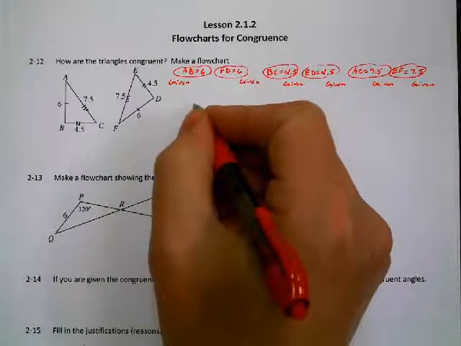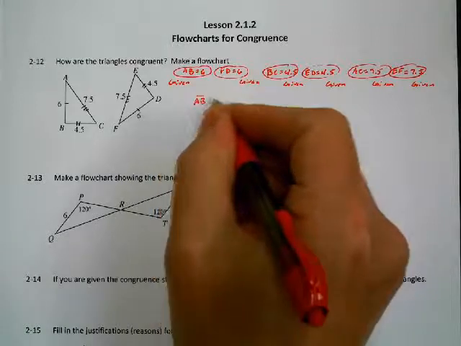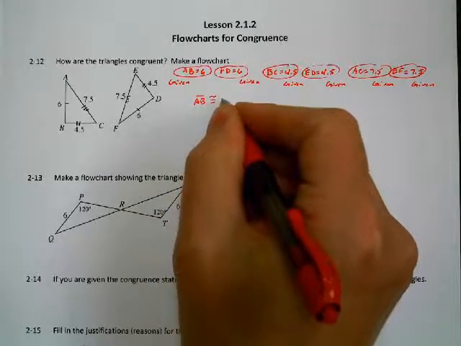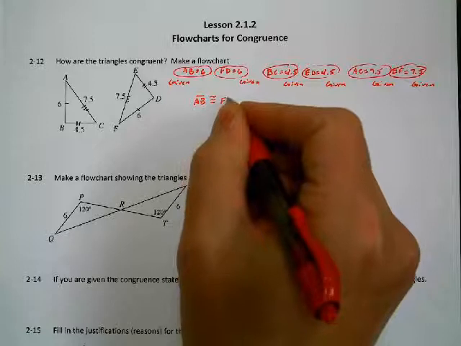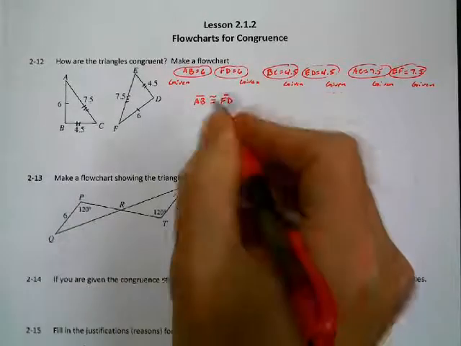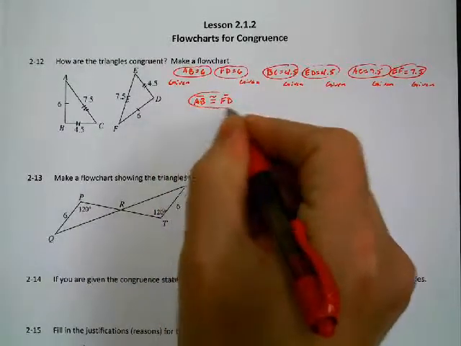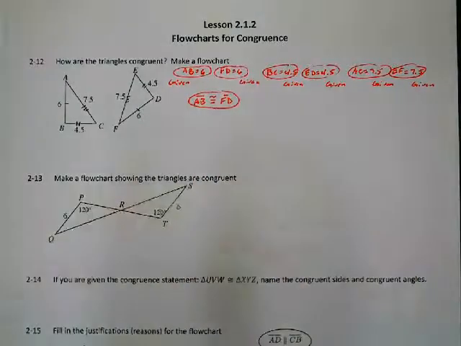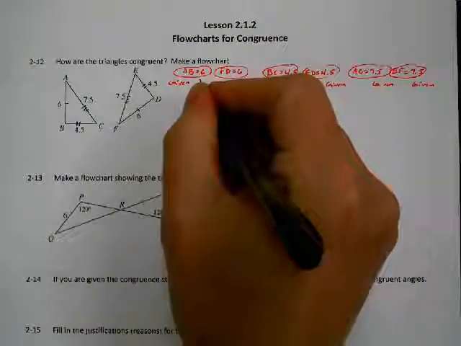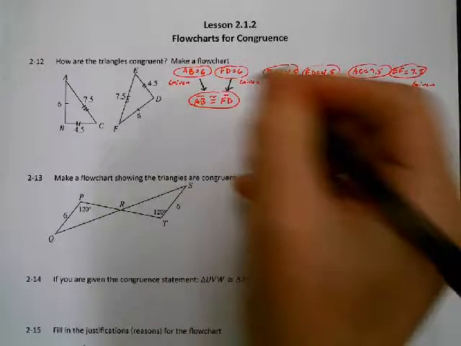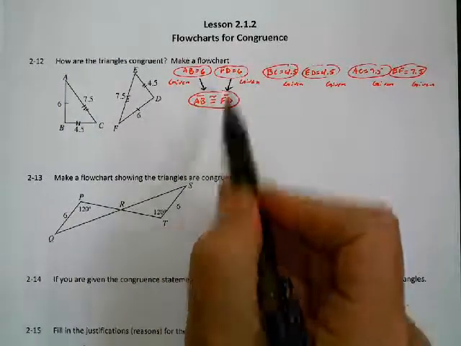So now I can say that AB is congruent to FD because they both have a measurement of 6. These two statements together flow into the next statement.